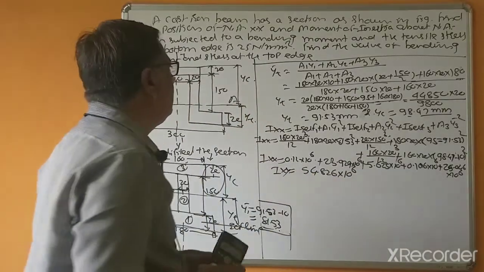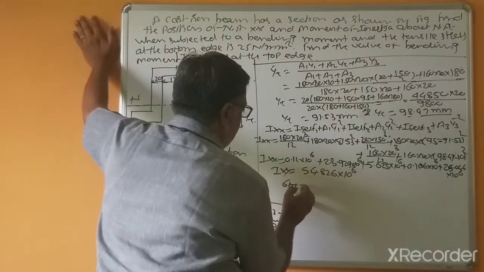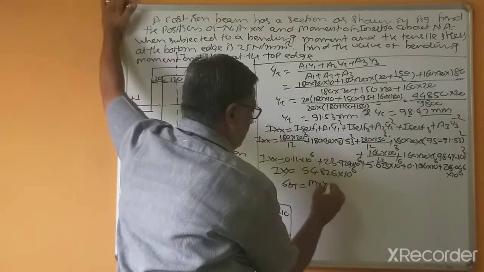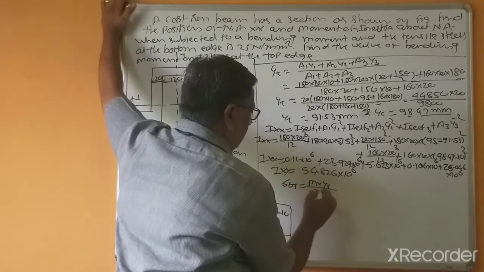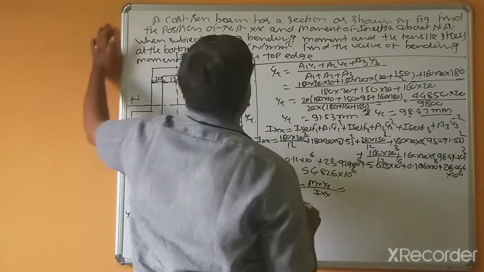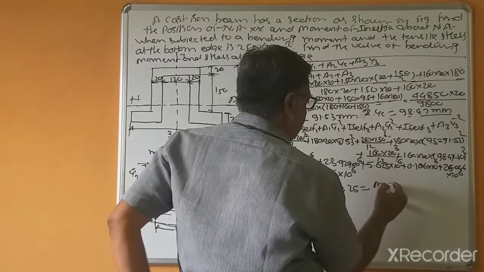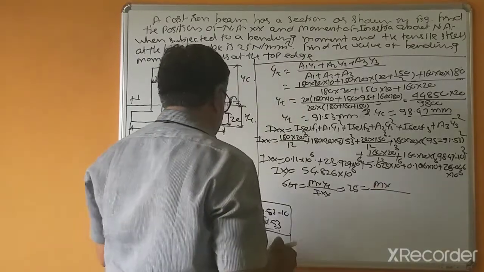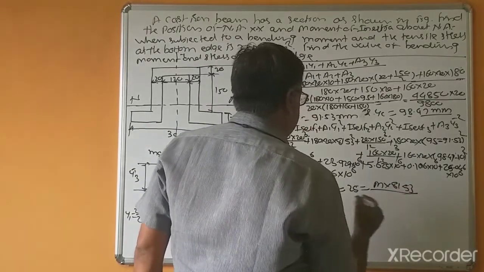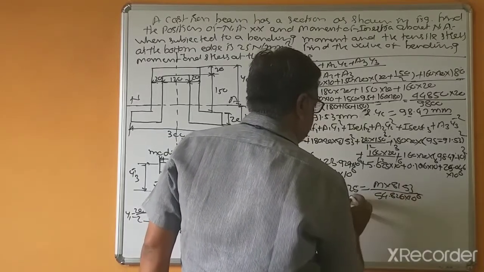So now tensile stress is given, means sigma BT equal to M into YT divided by IXX. This is given 25, M is to be calculated, YT is 81.53, and this IXX is 54.826 into 10 to the power 6.